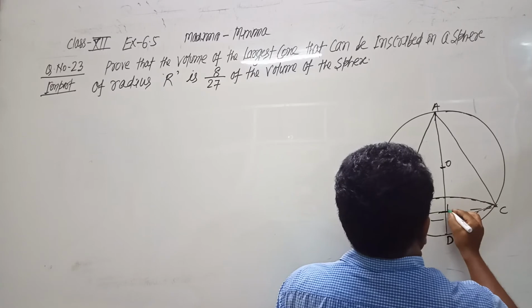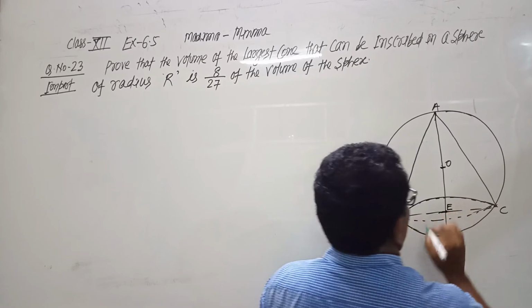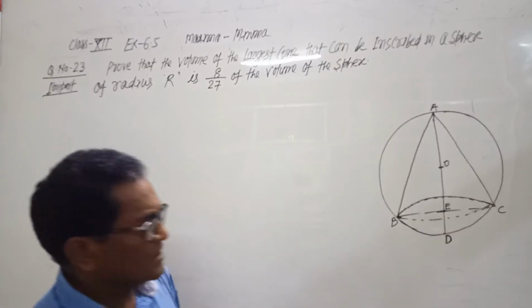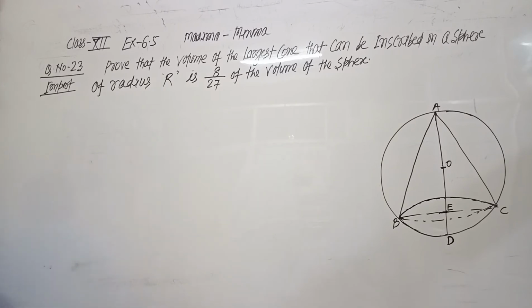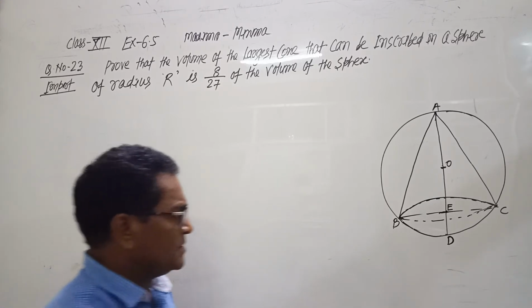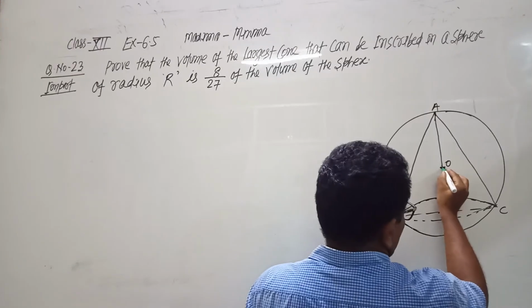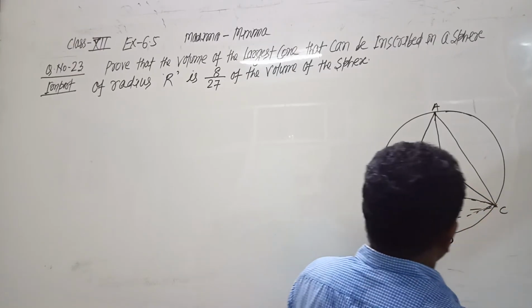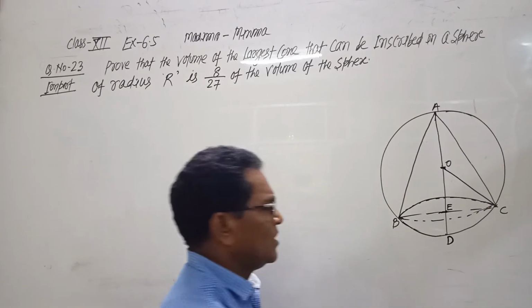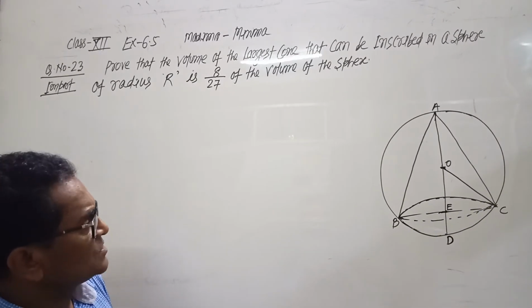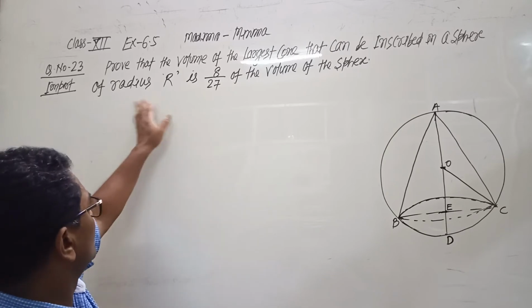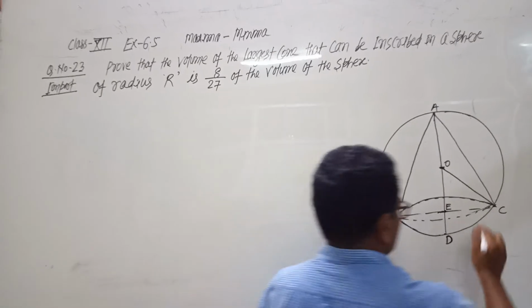Let us take a point E at the base of the cone, and OC is the radius of the sphere, which is capital R.